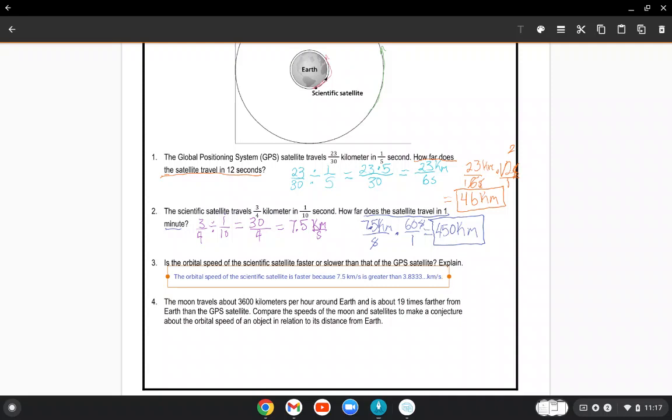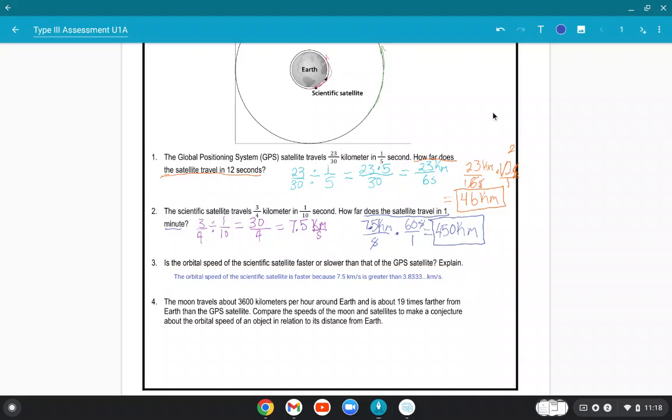And I'm going to give you details of how I got that 3.8333 kilometers per second. I put the bar to show that the threes are repeating. So let me do a little bit of work.